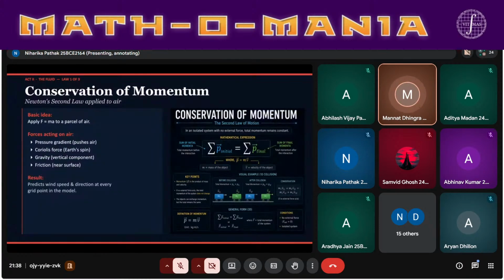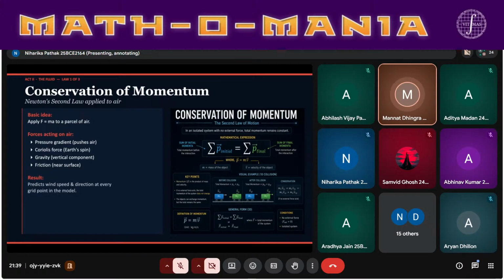As in the image I've mentioned, this is the mathematical expression of the conservation of momentum. There's a very important word in this: conservation. When conservation is mentioned, we think that the change in momentum will be zero. So what is change in momentum? It's basically the sum of initial momenta minus the sum of final momenta, right?